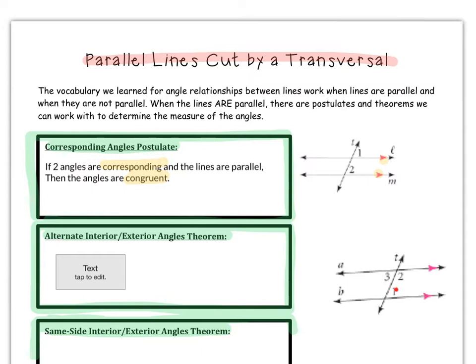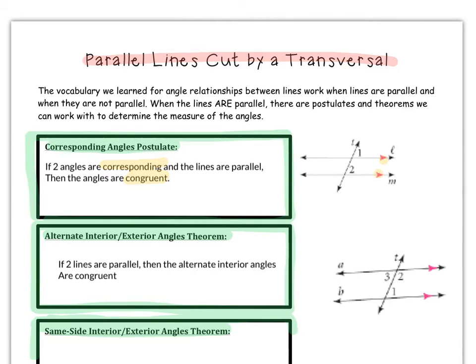Angle 3 and angle 1. It says if two lines are parallel, then the alternate interior angles are congruent.